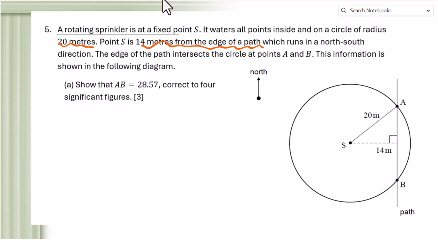Show that AB equals 28.57, correct to 4 significant figures.